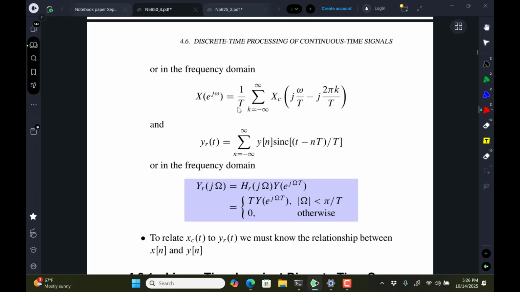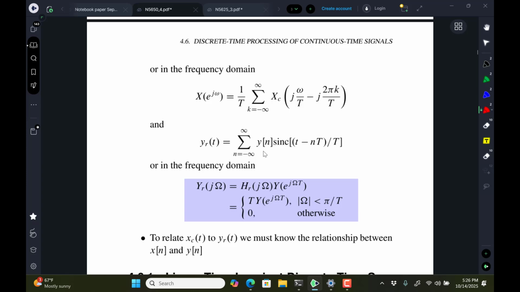And then making a jump to the tail end, we know that whatever comes out of the filter, y of n, gets interpolated with a sinc function to become an analog signal, y sub r, for reconstructed.